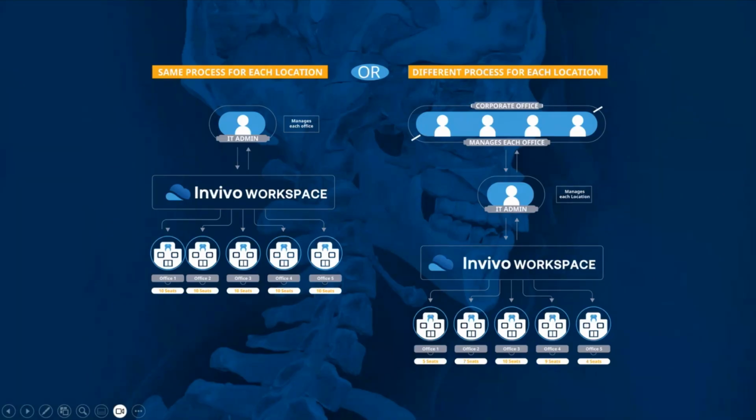All right, so let's take a quick look at this visual, which shows you how flexible our licensing setup is. Option 1, on the left here, gives you consistent licensing across all your locations. IT admins can assign a set number of seats per office.